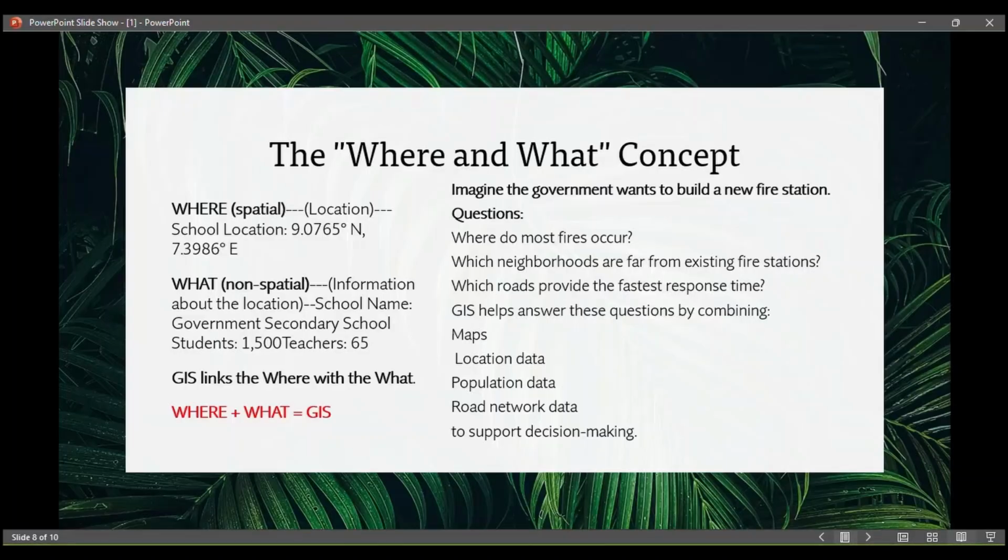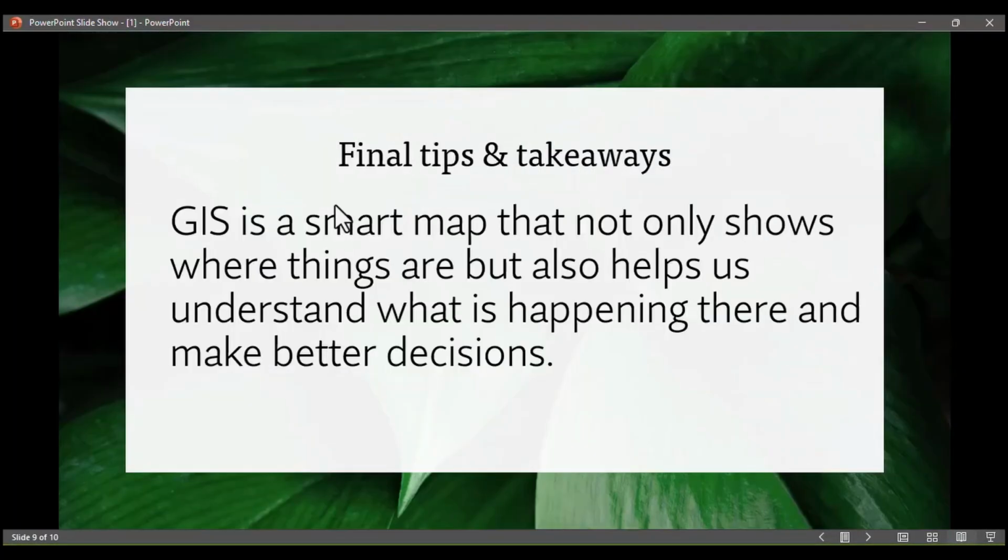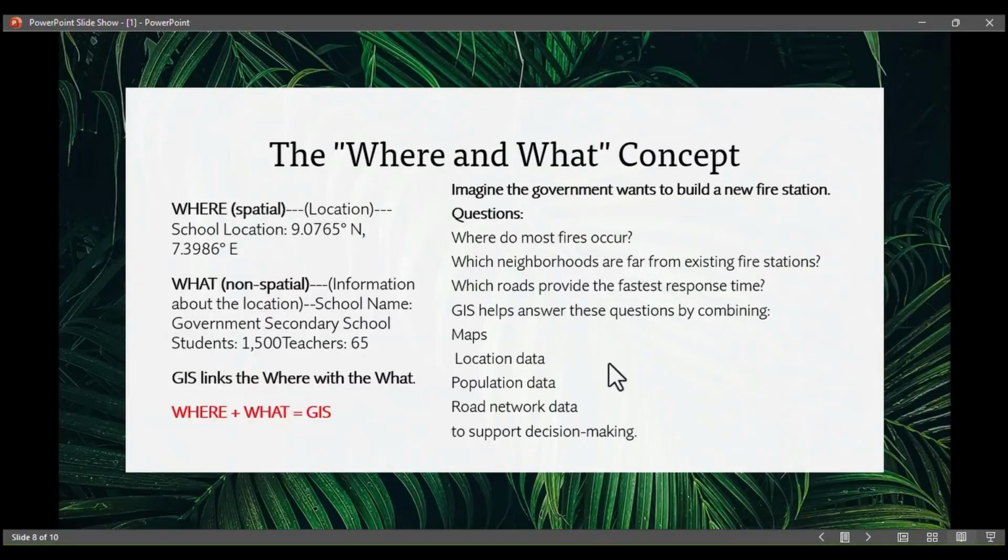All right, so we have spatial, which is where, and then it talks about the location, which we have the school location, for example, a hospital location, a market location, and we have the coordinate as what? 9.0765 in the north and 7.3986 in the east. That's the where.